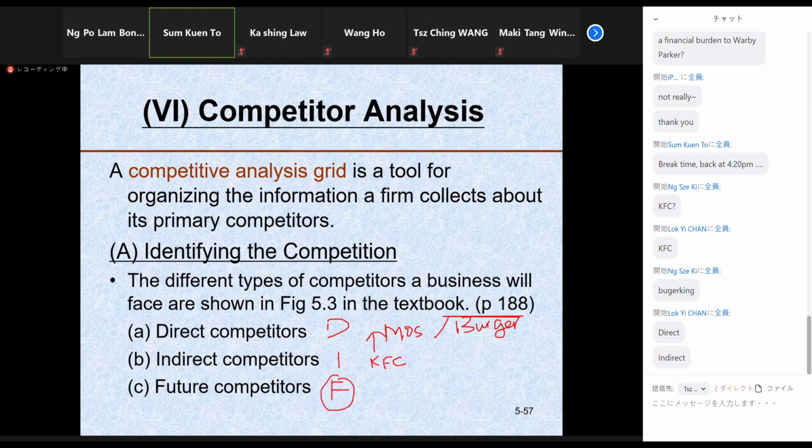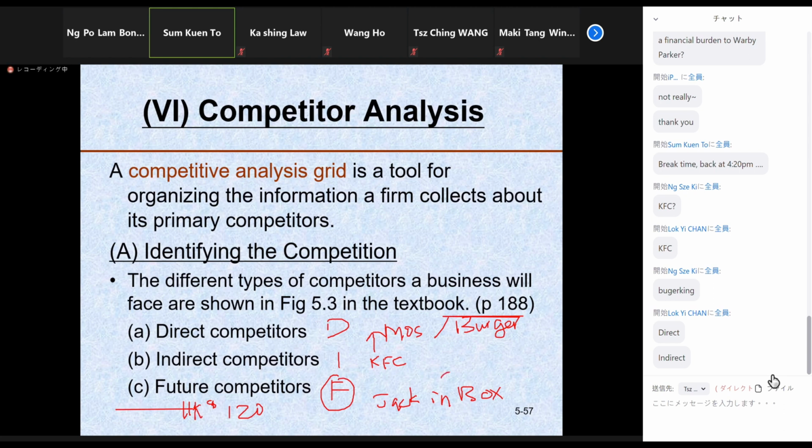If you travel to Australia, a few years ago, I brought some students to Australia for a study tour. 帶遊學團去澳洲。 In Australia they have a burger shop called Jack in the Box, which is also a cheap one. They are not talking about a burger costing 120 Hong Kong dollars, not that expensive, about $25 something.